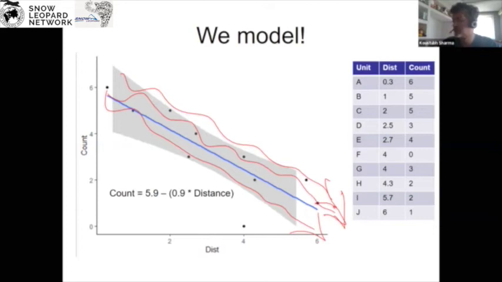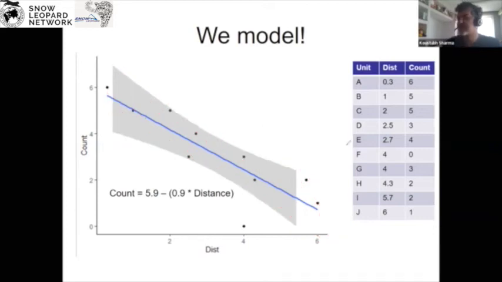So what one can do, there is a very simple way to define this relationship mathematically by something called linear regression. Now, don't worry about the math behind this for now, but you can consider the blue line as the straight line defined by this particular equation.